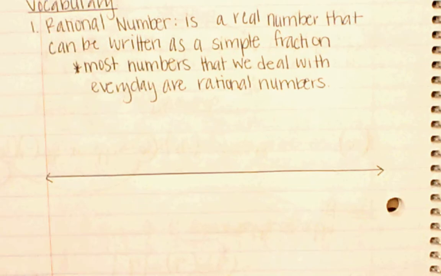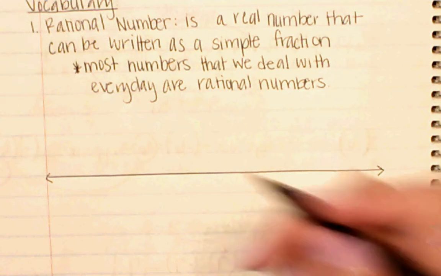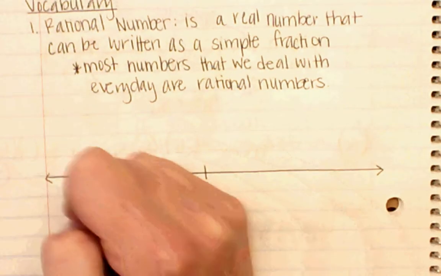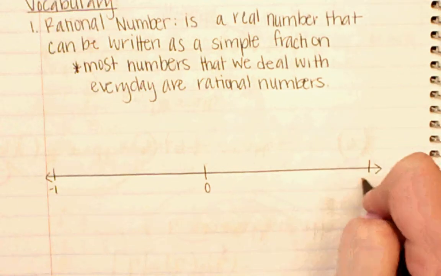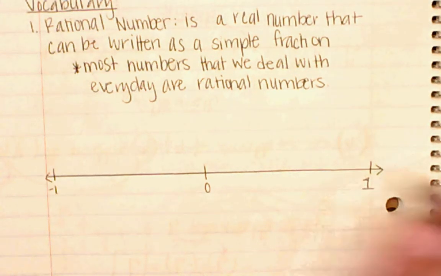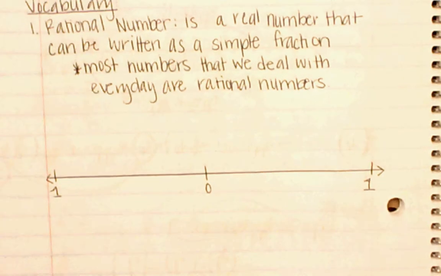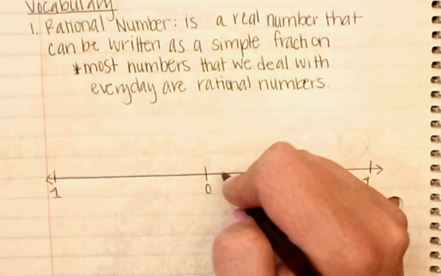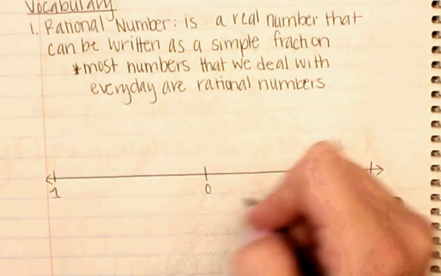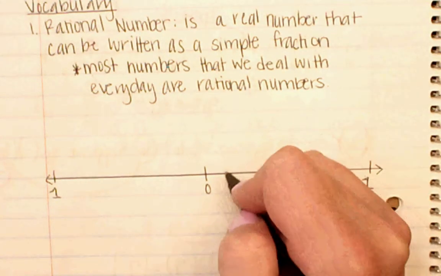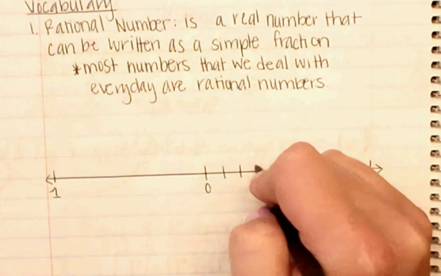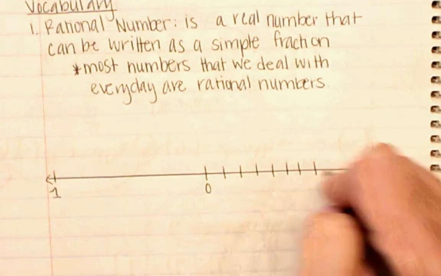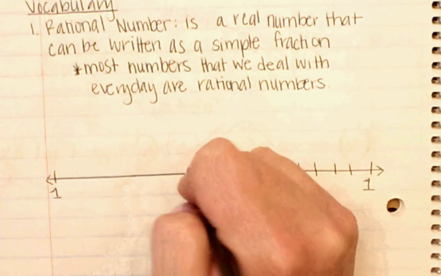Okay, and we're going to label this 0, -1, and +1. And then we are going to label these. We're going to do 10 lines in between, I'm sorry, 9 lines between 0 and 1, and then 9 on the other side as well.